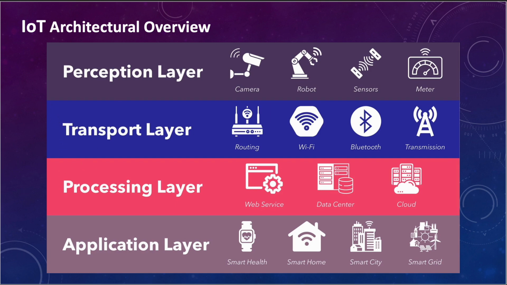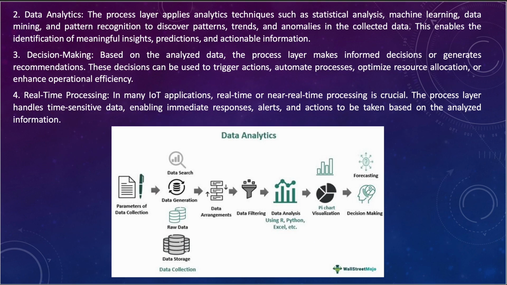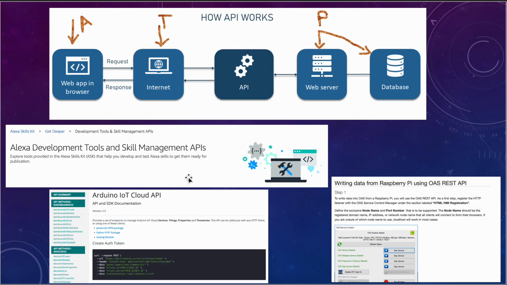But there's the perception layer. So how does that look, and how may APIs fulfill a role? If you take this as one set of layers, this is the processing layer.